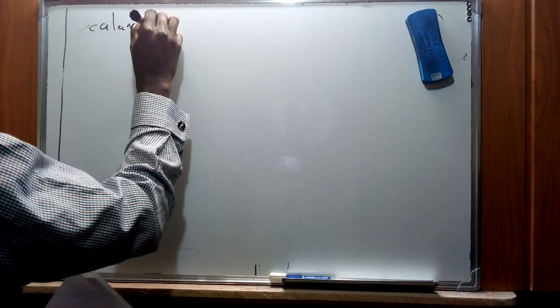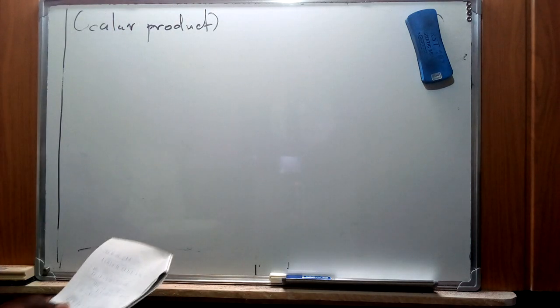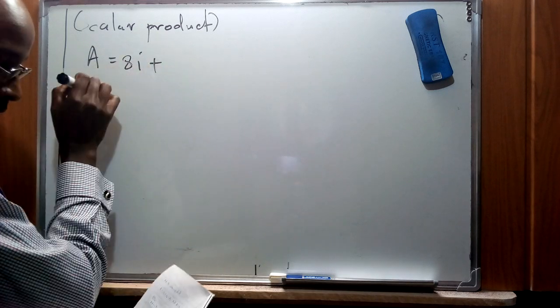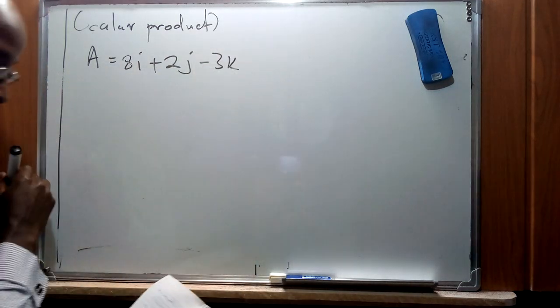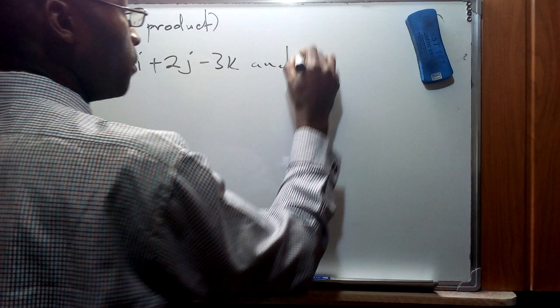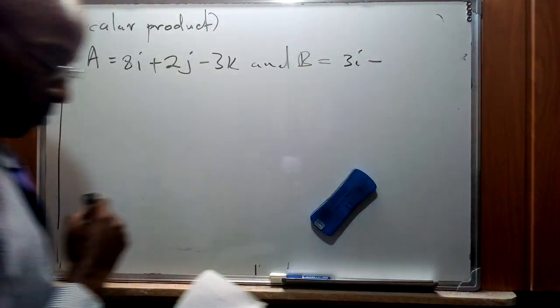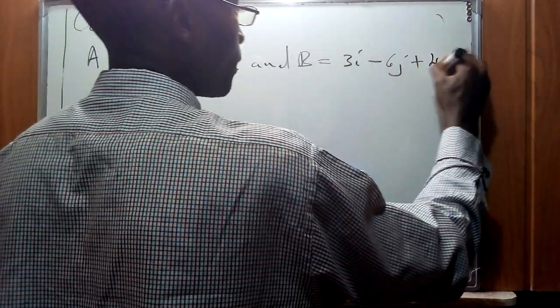So suppose we are asked to find the scalar product of this specific vector given A equals 8i plus 2j minus 3k, and B is given as 3i minus 6j plus 4k.